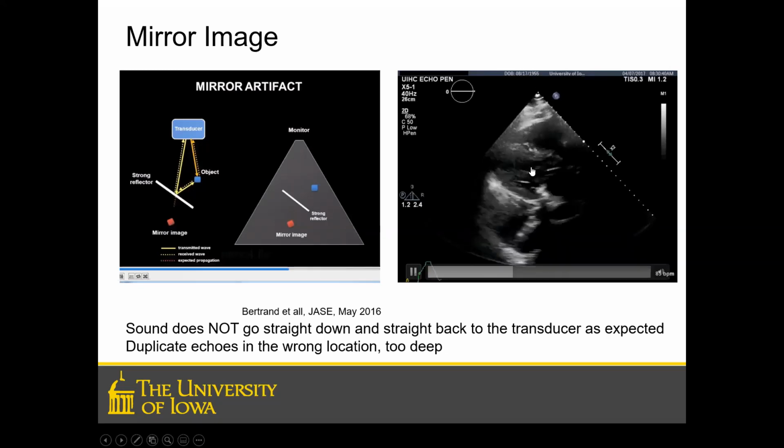And that's what you have happening over here. So the beam came down and hit the pericardium, which is at an angle. So then the beam went this way, and then it came back. So all of this gets mirrored down here. You may or may not have seen this.